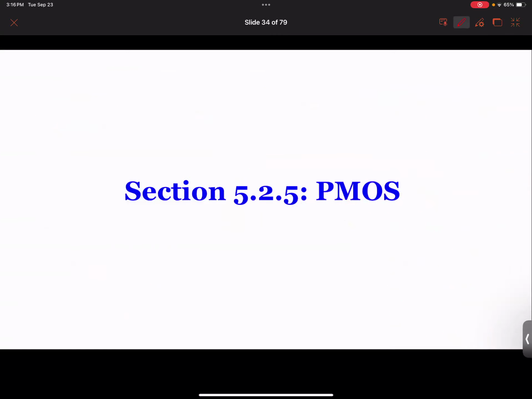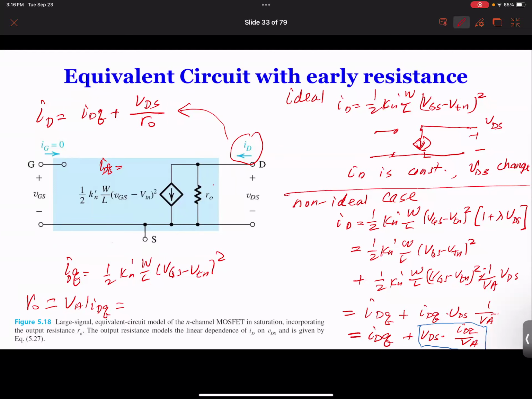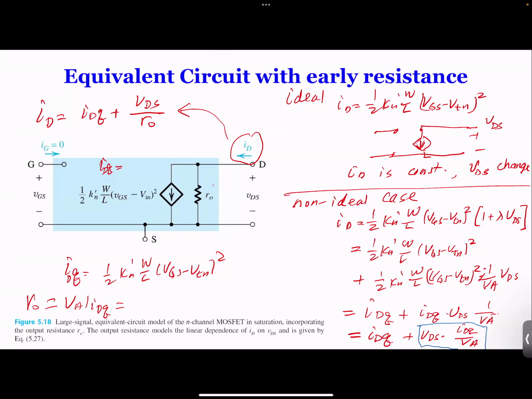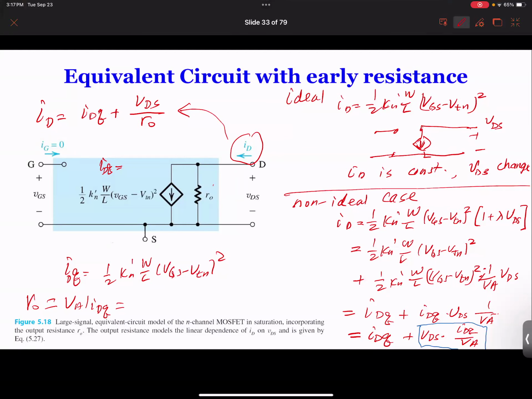Let me see if I should move on to PMOS. I should maybe do a few more examples. Just give me one second. Let me flip this. For the main contents, I want to stop it here and insert a slide so that I can do a few more examples.